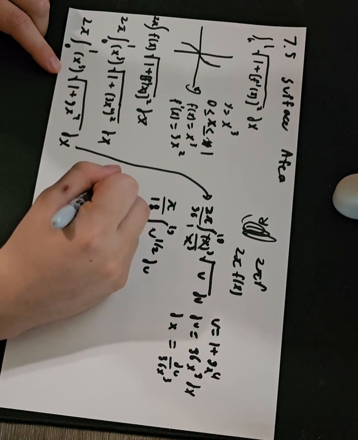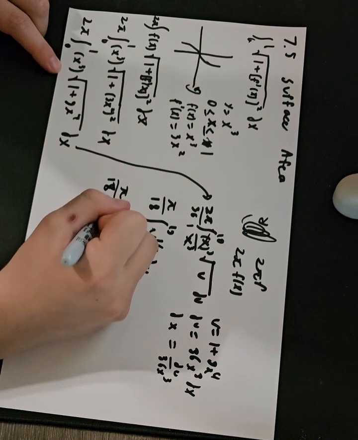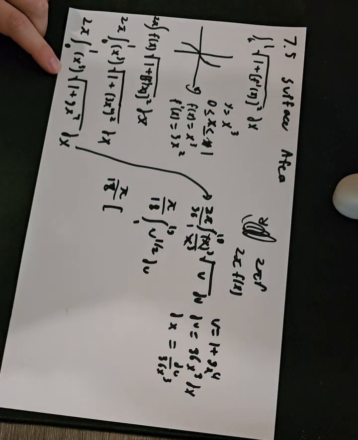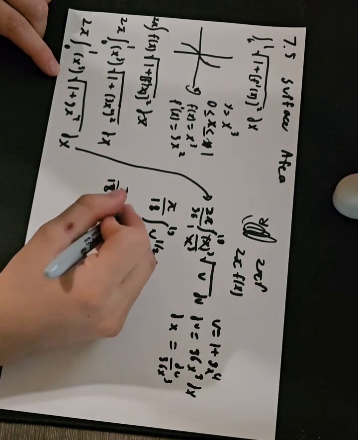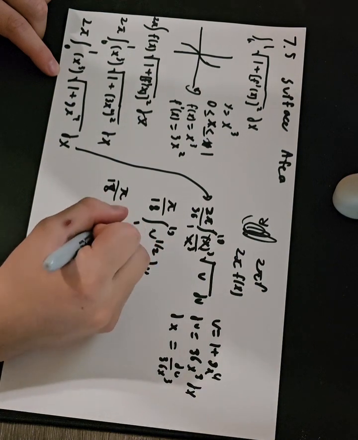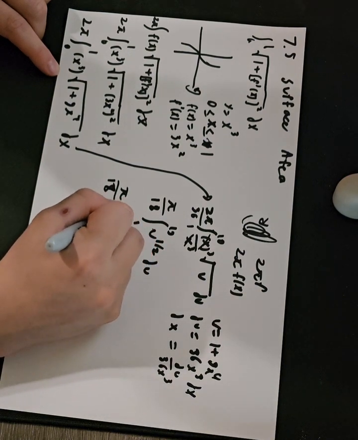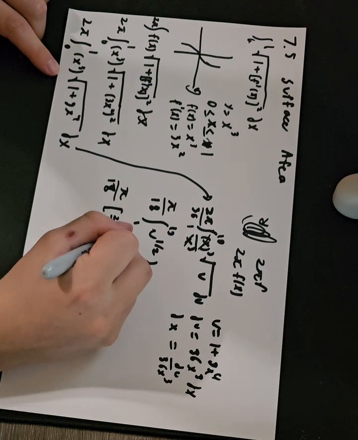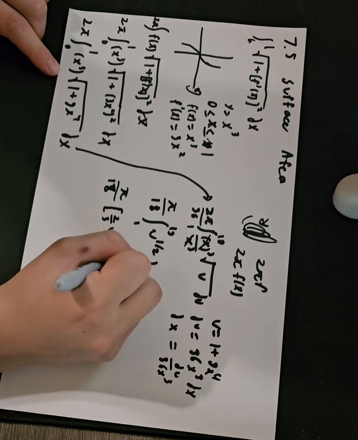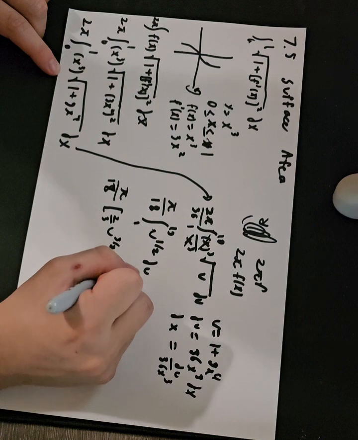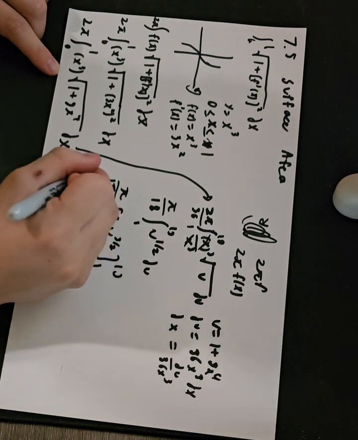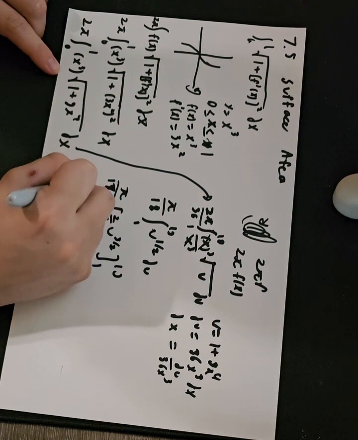Pi over 18 brackets. We bring that 1/2 up, we increase that to 3/2, or divide by 3/2, bounded from 1 to 10. Now this is simply going to become pi over 18.